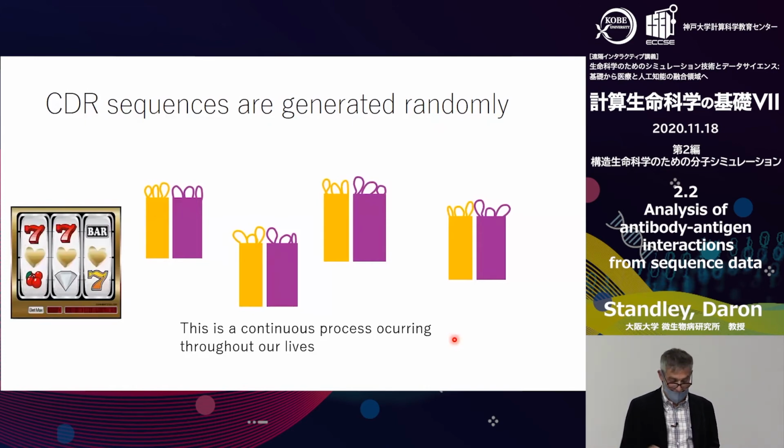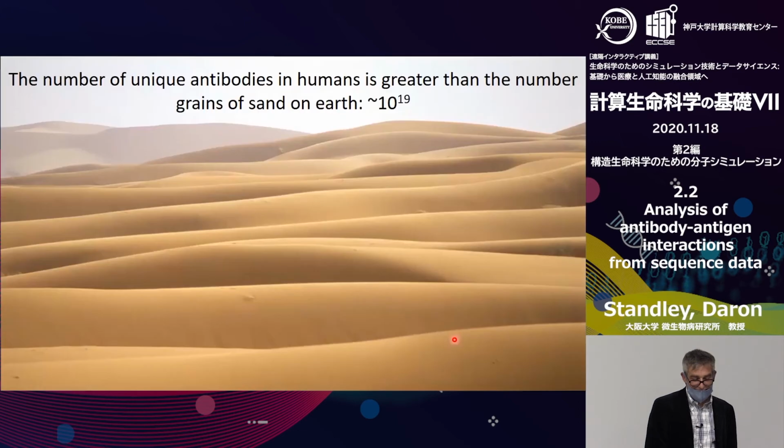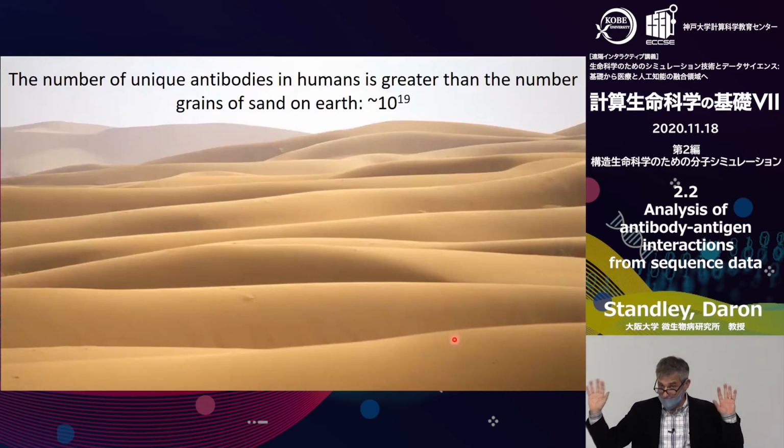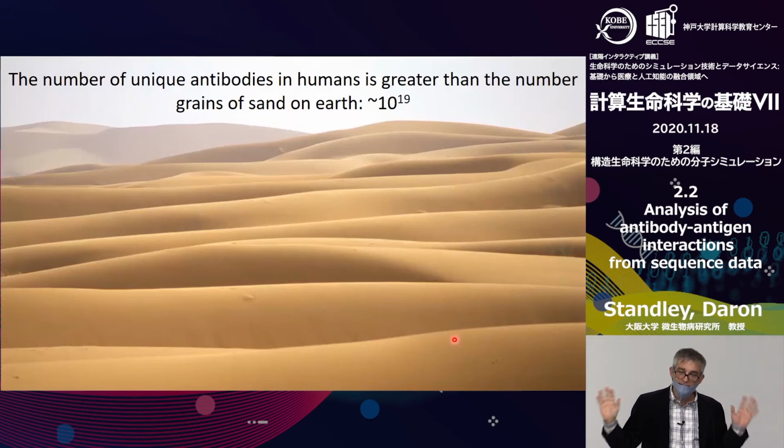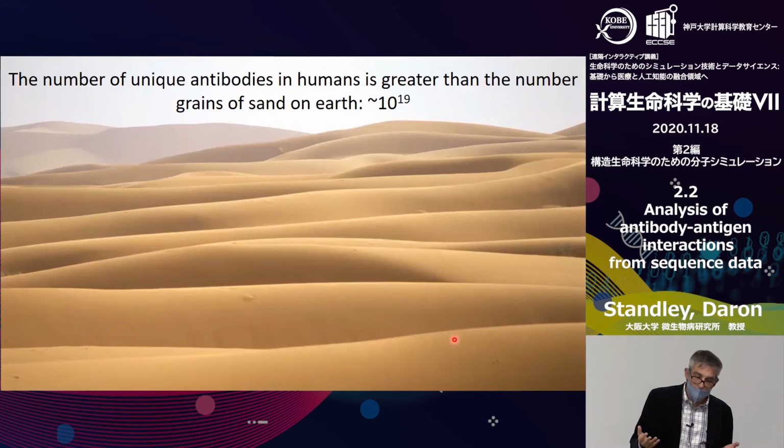We never stop. And the number of possibilities in this CDR space is astronomical. It's so big, you can't really grasp it. But one thing that you can imagine is it's roughly equal to the number of grains of sand on Earth. That's roughly the number of different antibodies that humans can make. So big number, 10 to the 19 or something like that.